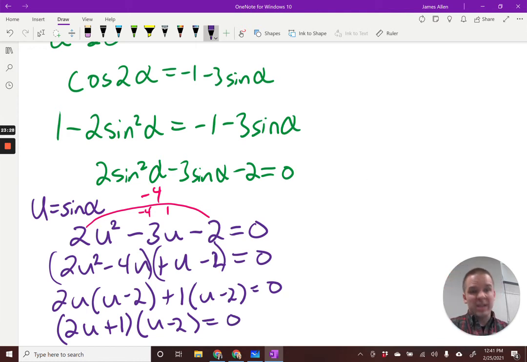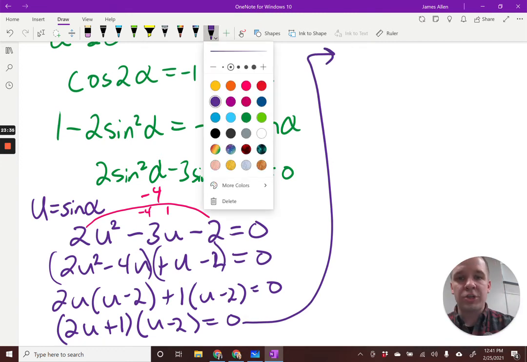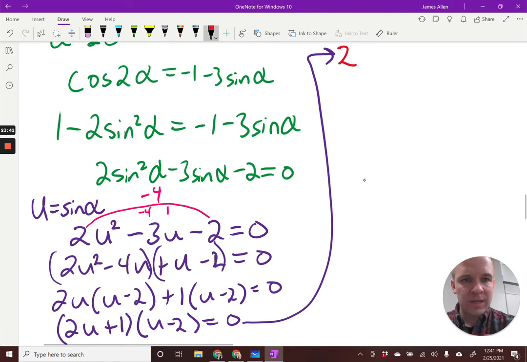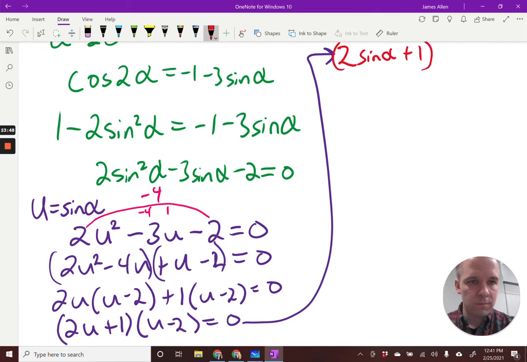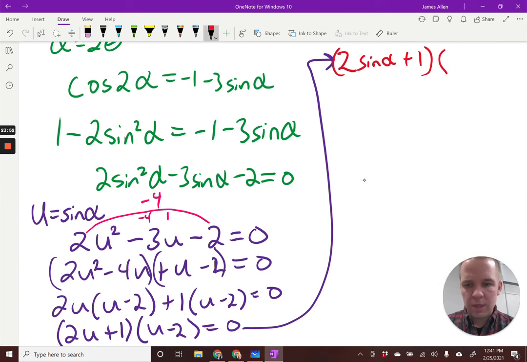All right. But we got to substitute. So I'm going to bring it back up here. Now we're going to substitute that sine alpha back in. I'm going to change colors again so that we're going from part to part in these. So I would have 2 sine of alpha plus 1, and then sine of alpha minus 2, all equals 0.